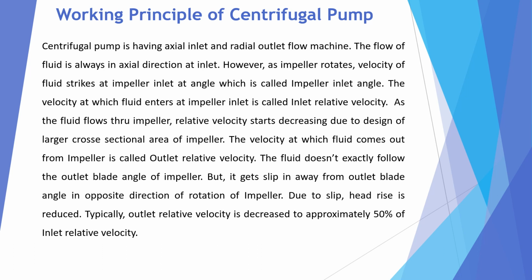The fluid does not exactly follow the outlet blade angle of the impeller, but it slips away from the outlet blade angle, in the opposite direction of rotation of the impeller, and due to slip, head rise is reduced. Typically, outlet relative velocity is decreased to approximately 50% of inlet relative velocity.